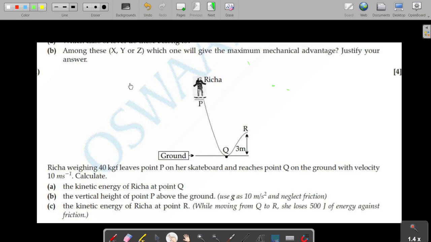So now your total mechanical energy at point Q is 2000 joule. Okay, we have already determined this, and at point R, Richa will lose 500 joule of energy against friction. So here total mechanical energy will become 1500 joule.